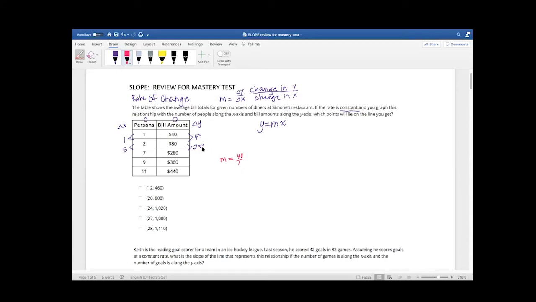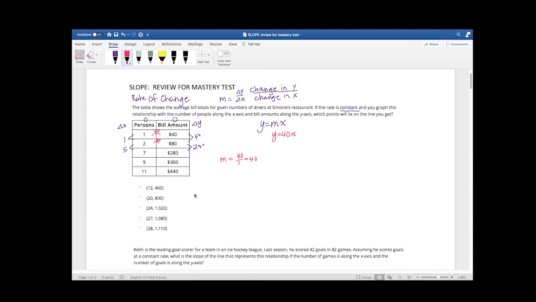I could have also done 200 over 5, which also simplifies to 40 over 1. So everything in this table is showing me a rate of 40, or multiplying by 40. If I replace that, I have y equals 40x to represent my equation for this table or the line.